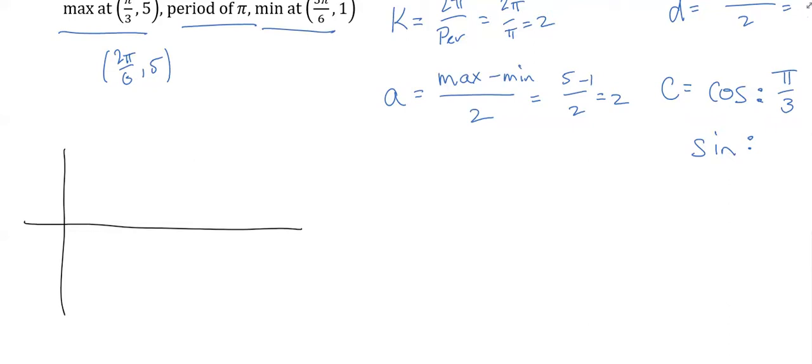I've got a maximum at pi by 3, so I'm going to count by, let's see, 1 pi by 12, 2 pi by 12, 3 pi by 12, 4 pi by 12, which is pi by 3, and I'm going to go up to 5.